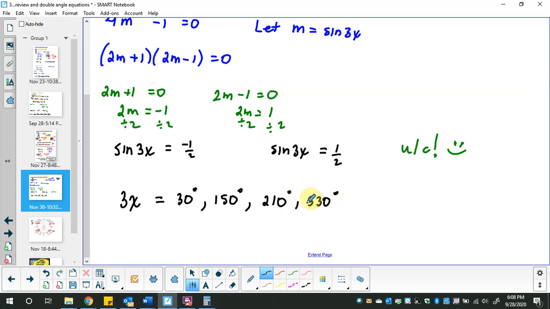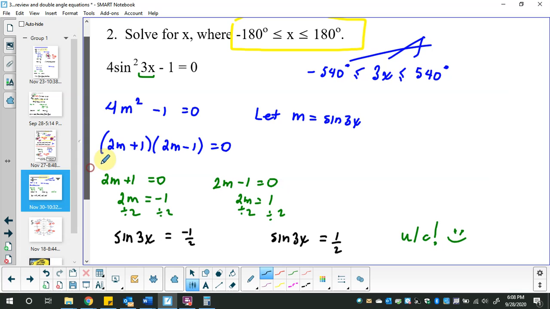So you can take any of these values and add or subtract a rotation on as long as the numbers result between 540 and -540.